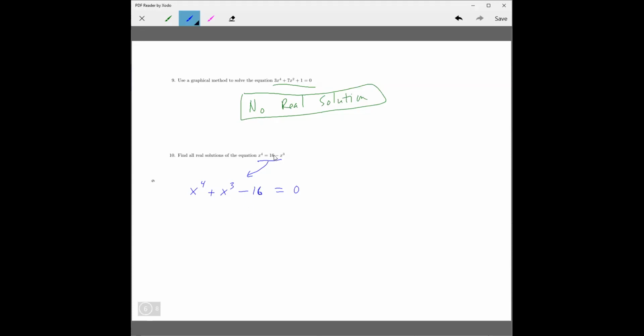Okay, so x to the 4th, this x cubed comes over as a plus x cubed, and then the 16 comes over as minus 16. Equals 0. So have it equal to 0, because GeoGebra seems to do really well with giving us values of what's on the x-axis, the x-intercepts. Okay, so let's go over to GeoGebra.